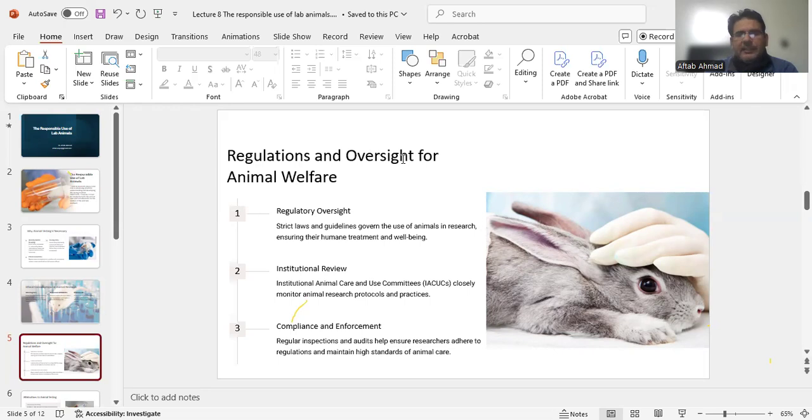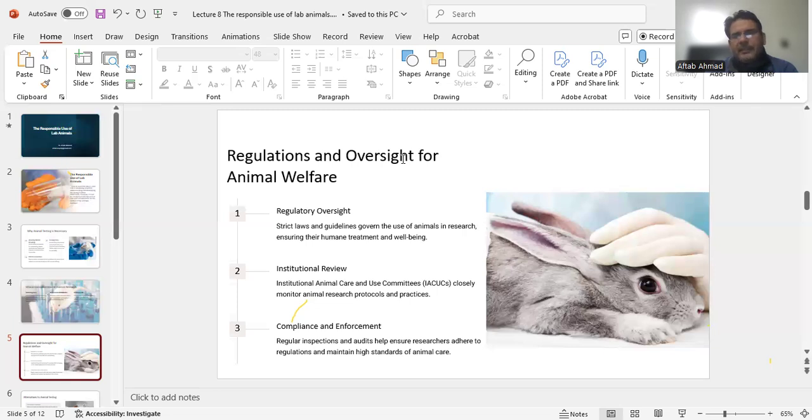In Pakistan, we still don't have that much strict regulation, but now if you have to publish that work, for any publication, they ask about the ethical approval of that research. So for all the institutions, there is institutional review. There are a number of universities now in Pakistan. All the universities have the institutional review committee, which reviews your procedures and protocols.